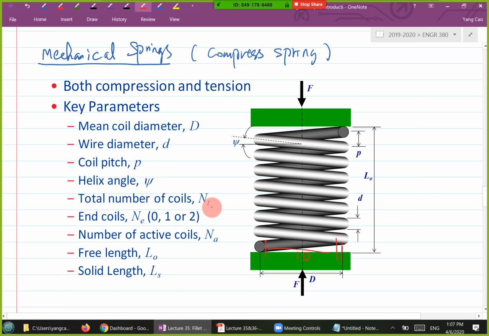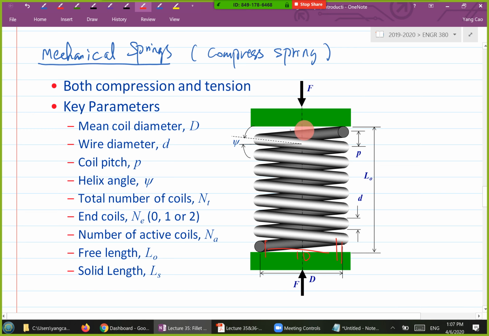Total number of coils. This is really important, and I need to emphasize it. You need to be able to count the total number of coils. I'm going to do an exercise later. Number of coils basically means, let's say you start here and go 360 degrees, then you go back to the same reference place.